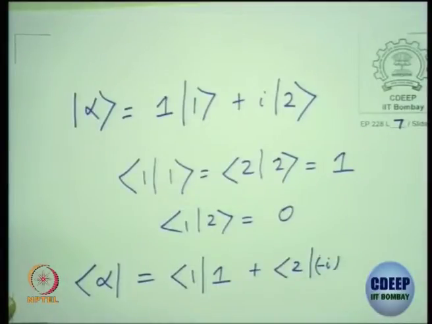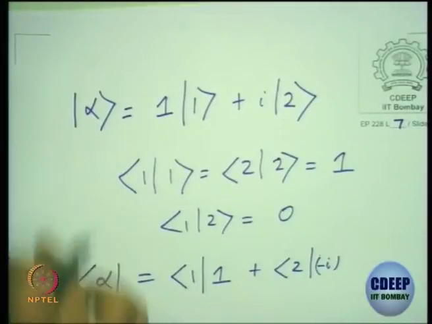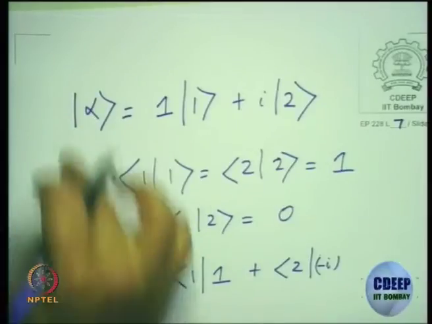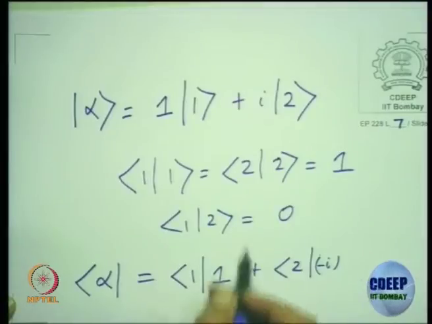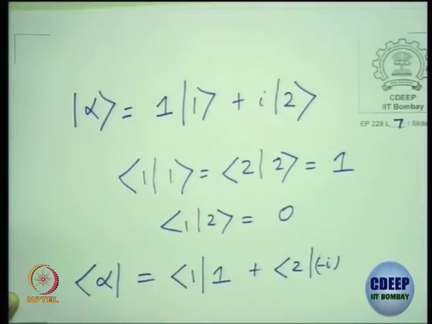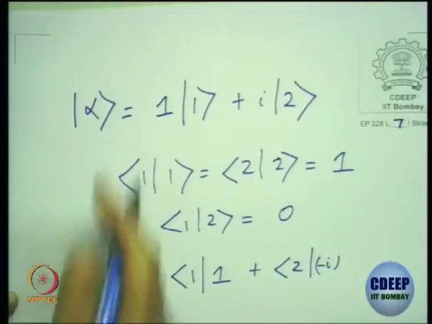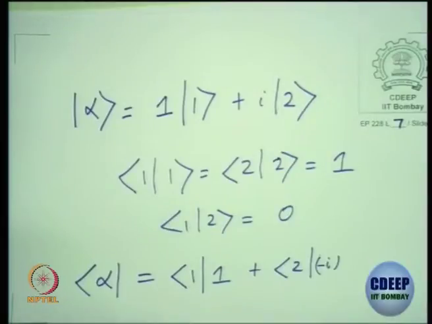Okay. So, when we want to take the inner product of alpha with alpha, you first have to convert the coefficients to complex coefficients, and then we can proceed with this to find the dual vectors.